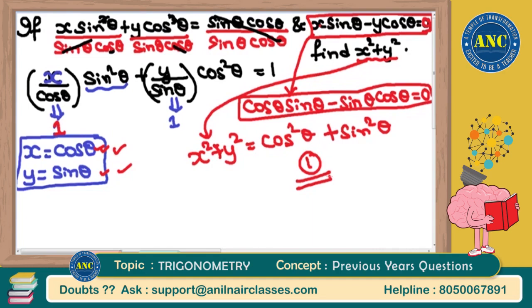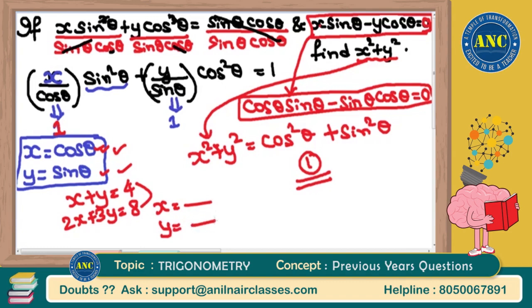Definitely you need to make use of this concept, and you should cross check with the second equation. It is something like this, sir. It is very easy. Suppose x plus y is equal to 4, and 2x plus 3y is equal to some 7 or 8, something I am writing. From these two equations I can get the x value and the y value.